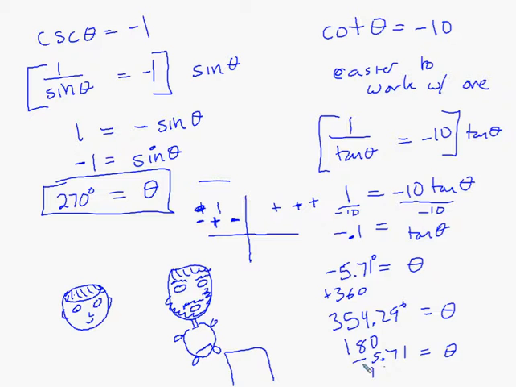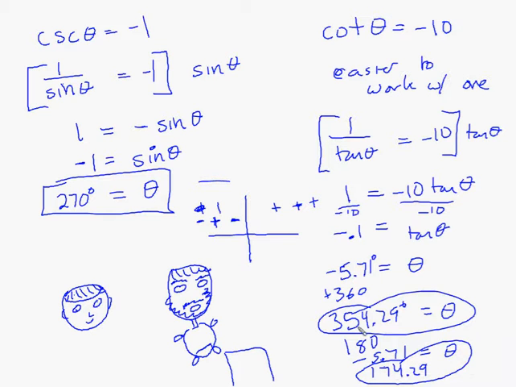Negative and a negative. Ah, but this is a reference angle, remember? If you do what you just did, you went from a quadrant 2 angle to a quadrant 3 angle. Good, Josh. So it's 174.29. Okay, so this is one answer, and this is the other answer. 0 to 360 is the unwritten rule.